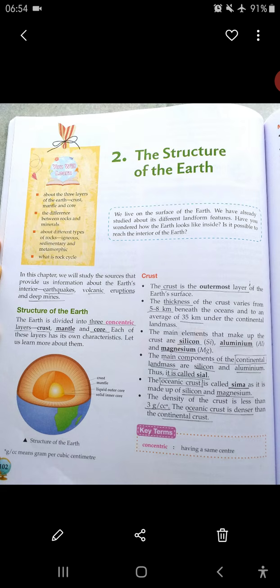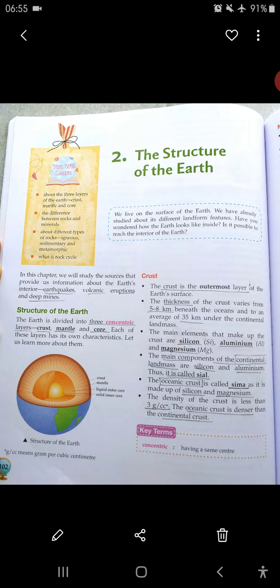The crust is the outermost layer of the earth's surface, and the thickness of the crust varies from 5 to 8 kilometers beneath the oceans, and 35 kilometers under the continental landmass. You know that the earth is divided into continents and oceans, right?